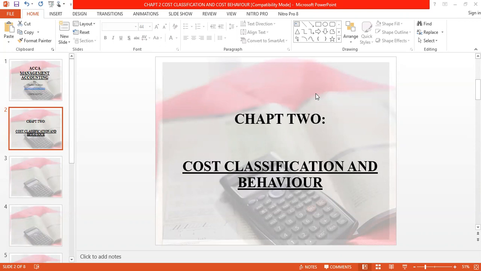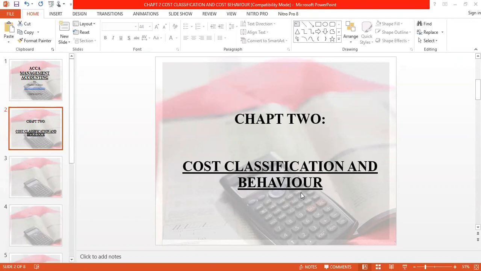So today we are moving to chapter 2, and chapter 2 is the backbone of management accounting, because what we cover in this chapter affects all the subsequent topics. All that follows depends on how we understand chapter 2. Chapter 2 is about cost classification.